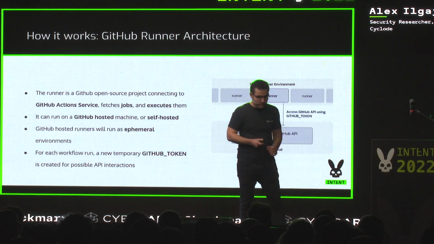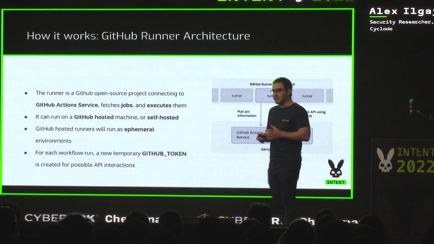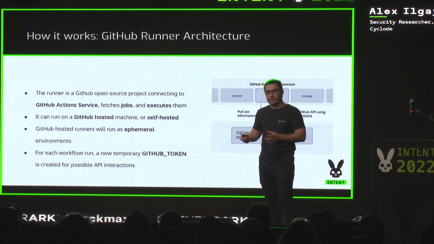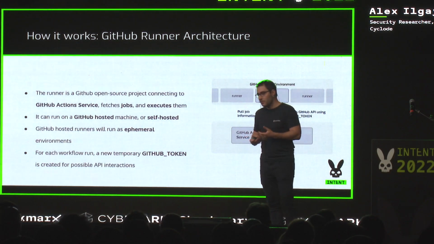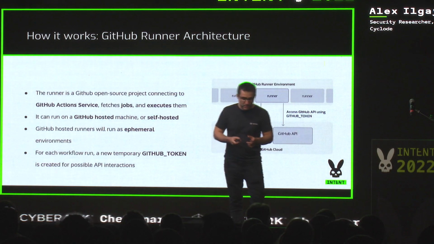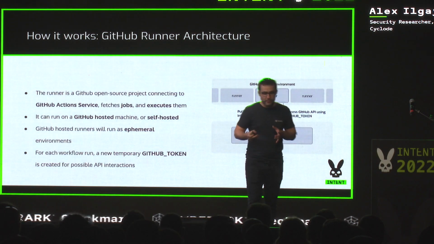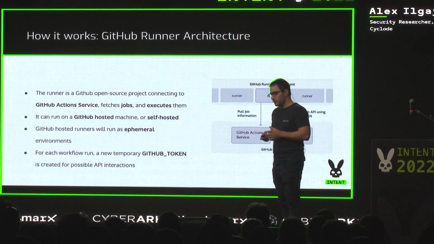In addition, when you run on the GitHub-hosted machine, it also runs as an ephemeral environment. This means that every job will be run on a clean VM, and whenever a job is over, the VM will be deleted completely. In addition, for each such run, it also receives a temporary GitHub token, which we'll elaborate on soon.